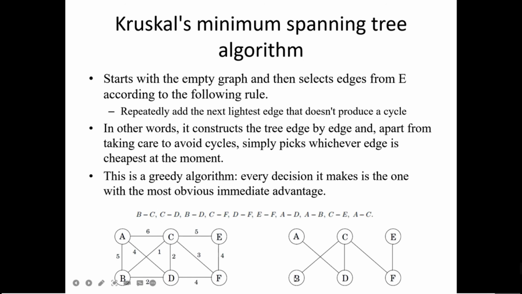When we are putting AB, we find we introduce another cycle, so we ignore AB, and then we put CE. Putting CE will introduce a cycle, so we ignore CE. And finally AC will introduce another cycle, so we ignore AC. So we have built a minimum spanning tree.